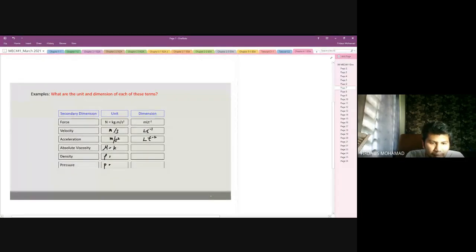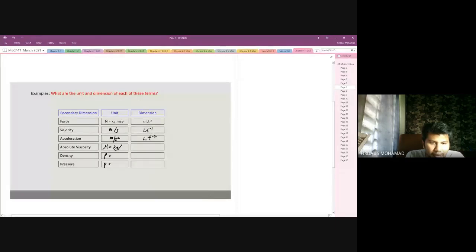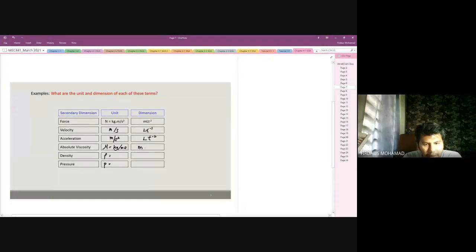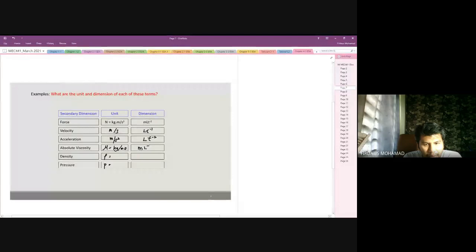Kilogram per meter second, betul. So kilogram apa? Kilogram mass. M L tolak 1, T tolak 1, T minus 1.